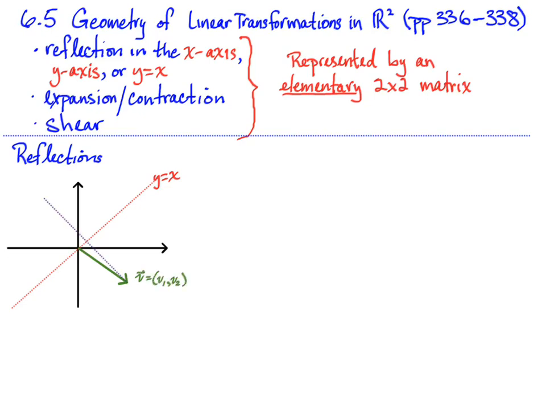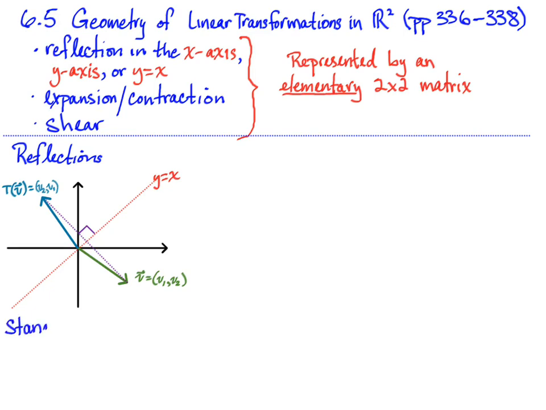Reflecting it across that line means reflecting the terminal point, v1, v2, across that mirror. The line y equals x is like a mirror. And we get the image of v1, v2 is v2, v1. All we've done is swapped the 2 components.